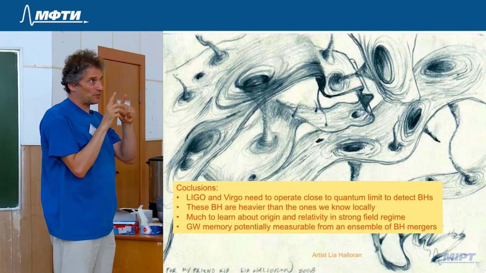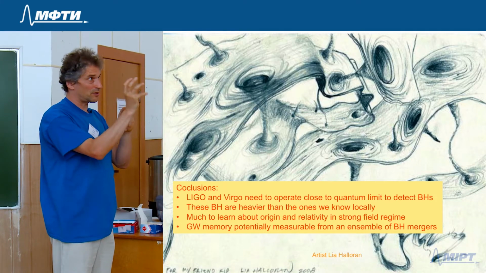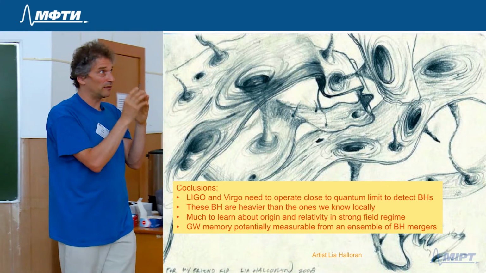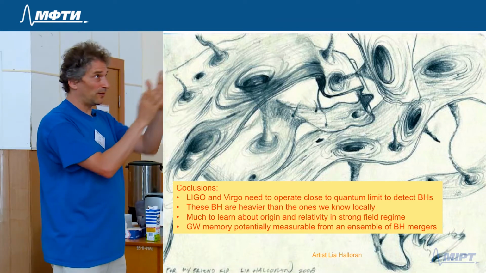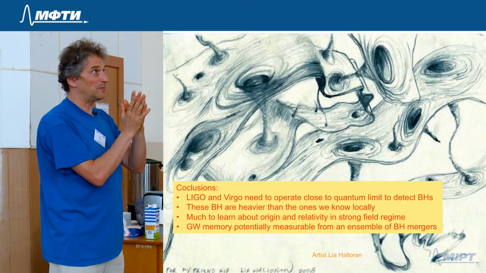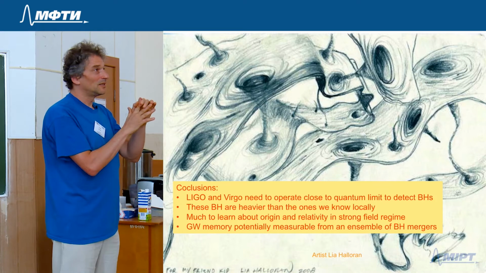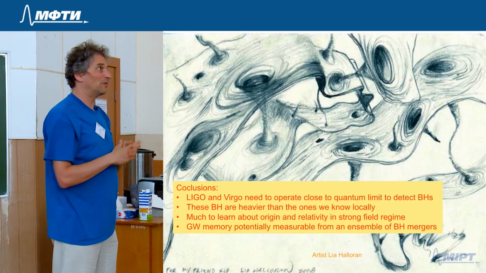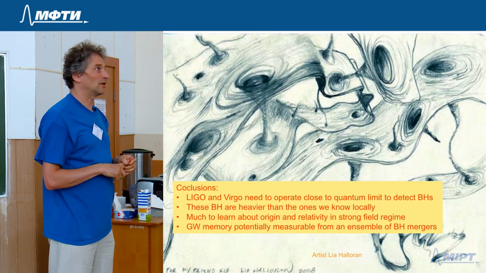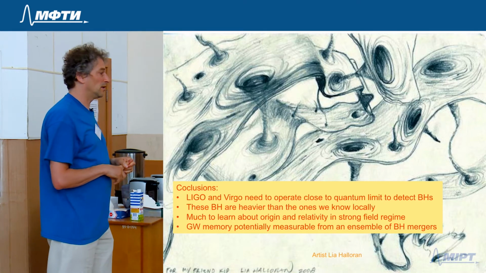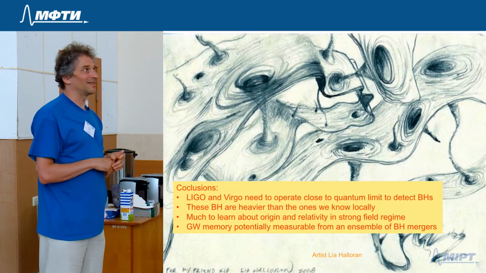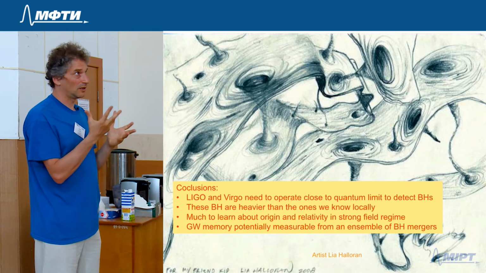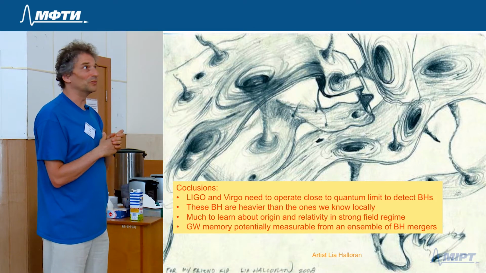For each merger, the parameters, the orientation of the plane of the in-spiral, will be very well measured from the AC part of the signal. So for each merger there will be a prediction of what the memory should look like. It's an ensemble of looking for confirmation of these predictions. That is what you will be testing for.